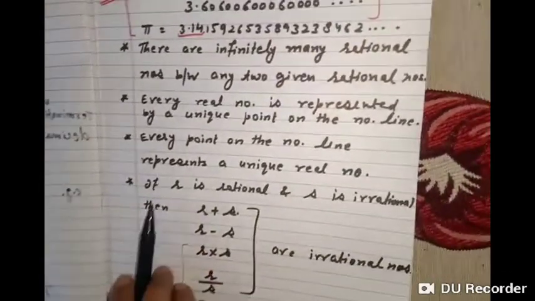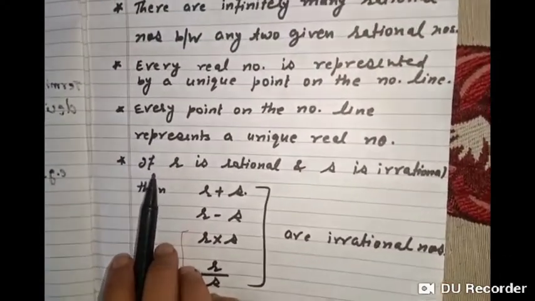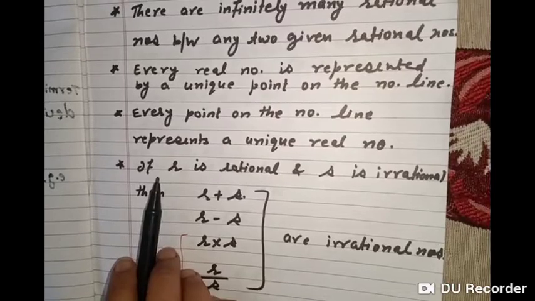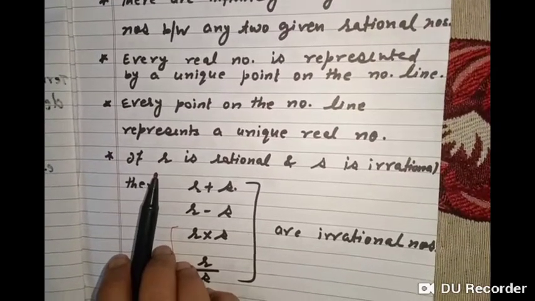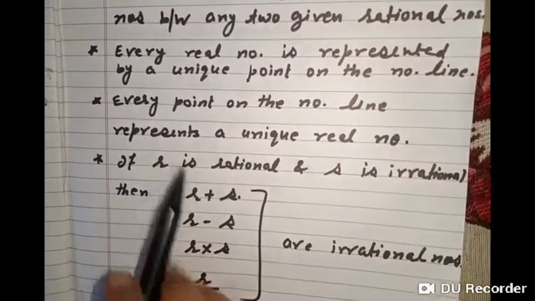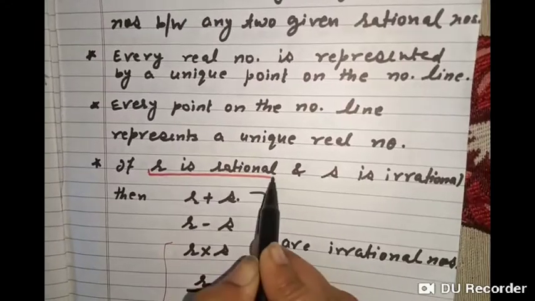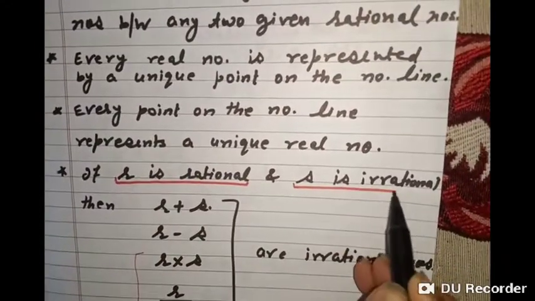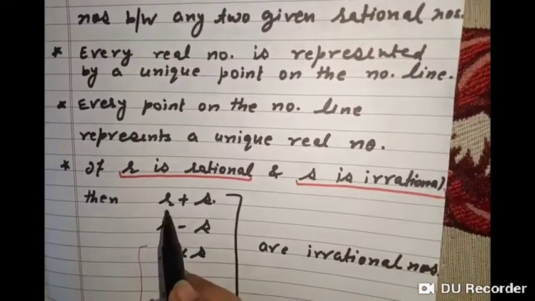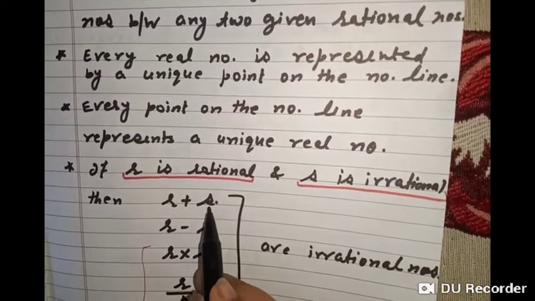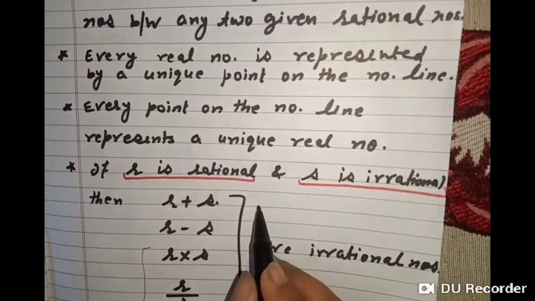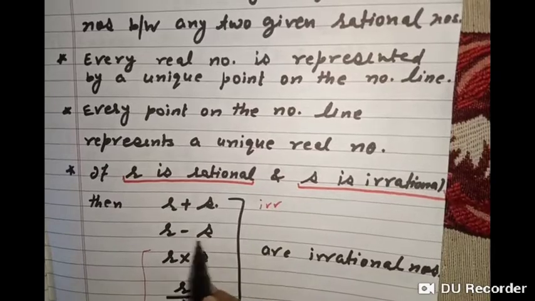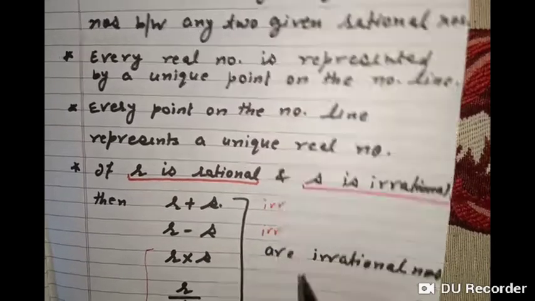Now we need to study the relation of rational and irrational numbers also, or you can say the algebra of rationals and irrationals. If I take R as rational and S as irrational, the addition of a rational and an irrational gives an irrational number. Subtraction also gives us an irrational number.